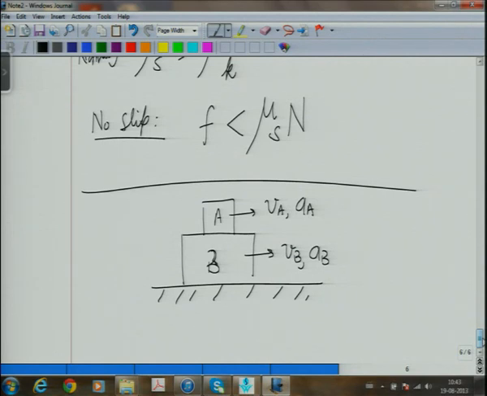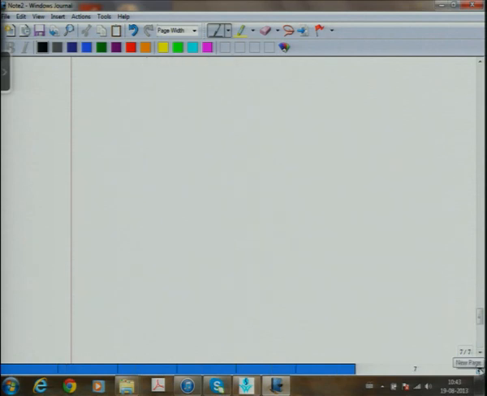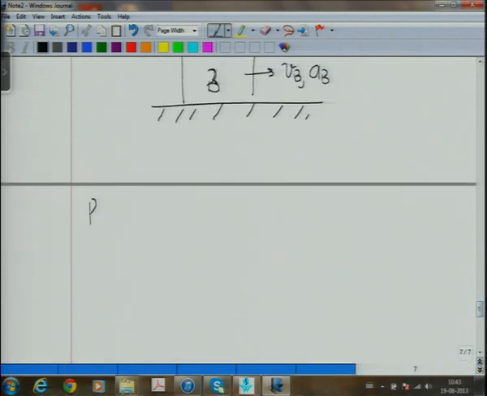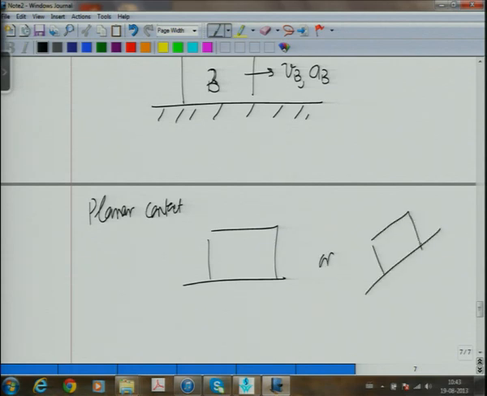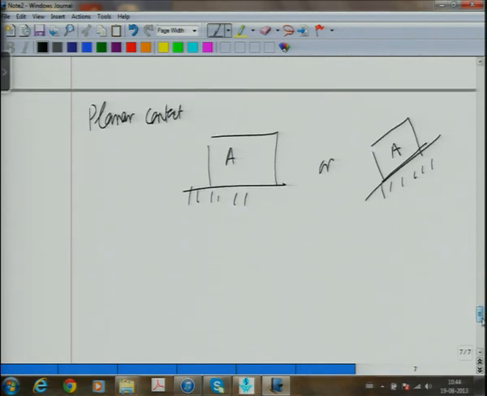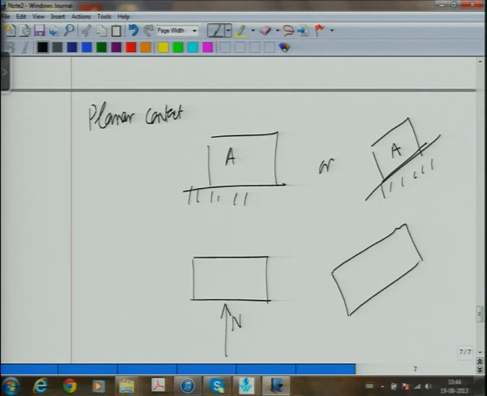Now one more thing we have to keep in mind, and this is another common source of mistake: when we have a planar contact, a case like a block A on the ground, and we draw the free body diagram of block A, there is a tendency to show the normal reaction acting at the center.